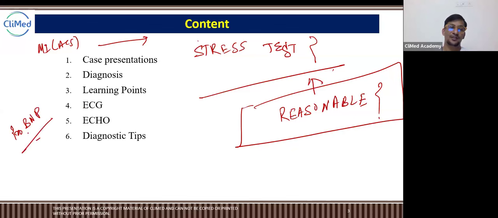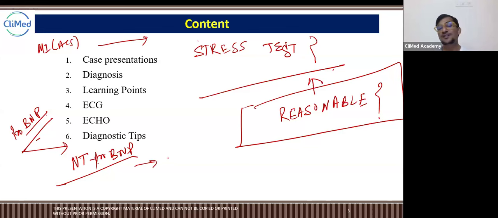Pro BNP. Yes, guys. So for all the information, let me tell you what is BNP. People don't even know troponin C, so they might get scared after this name. This is NT-proBNP, the N-terminal part of BNP. And what is BNP?